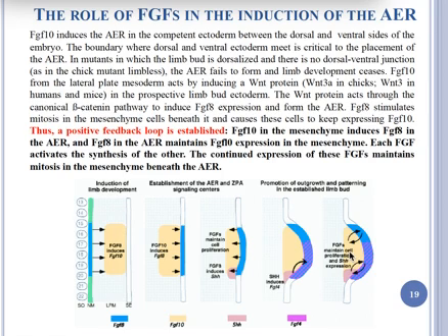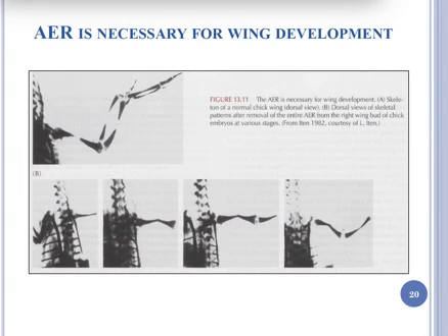So the mesenchyme will produce FGF10. FGF10 acts on the activation of FGF8 in the ectoderm or the AER, and the FGF8 in the AER will maintain the expression of FGF10 in the mesenchyme, and this positive feedback loop will maintain the growth of the limb bud according to the proximal distal axis.